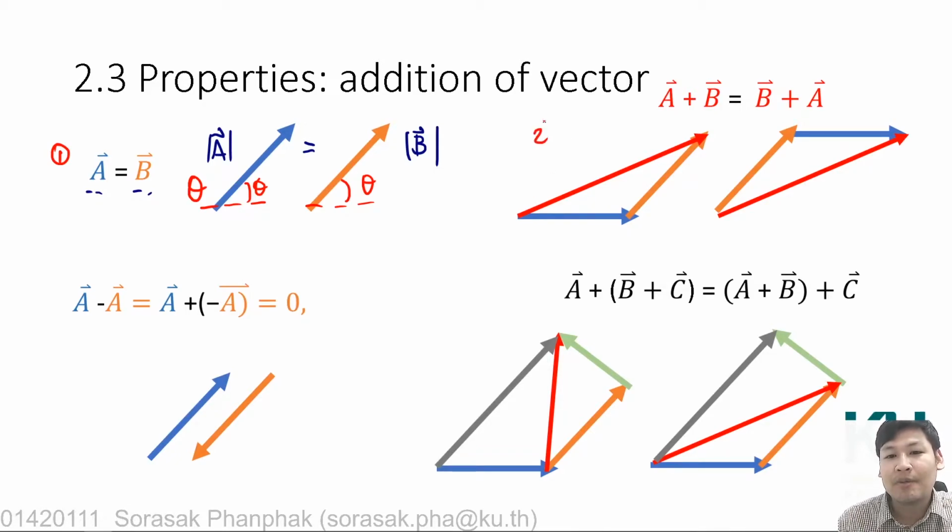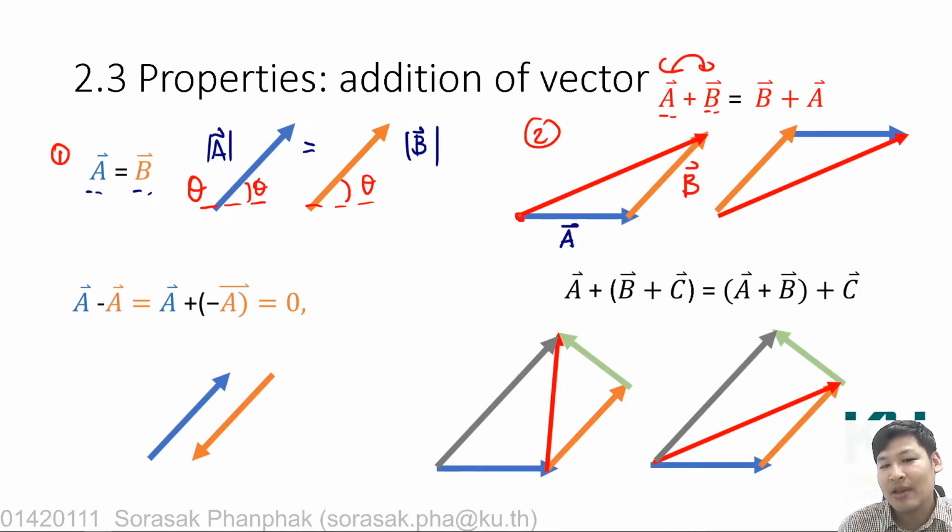And how about other properties? You can switch whether you have A plus B or B plus A. They're both the same here, right? So this is an example. If you have the blue arrow representing vector A, and the orange one representing B, the red one is the sum of these arrows.